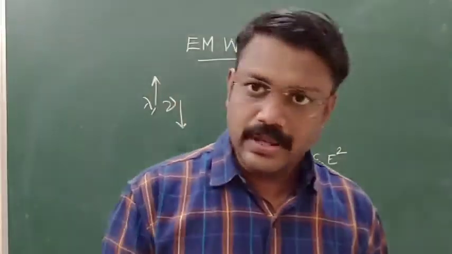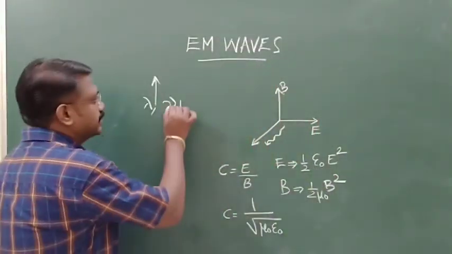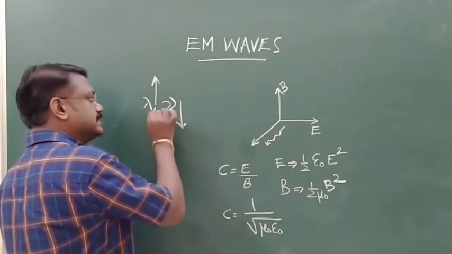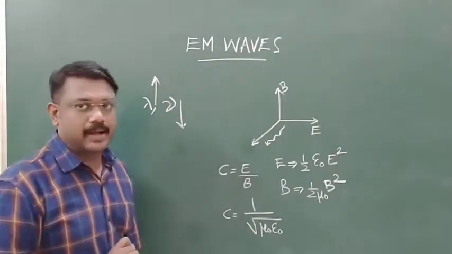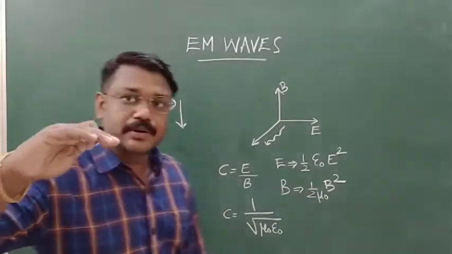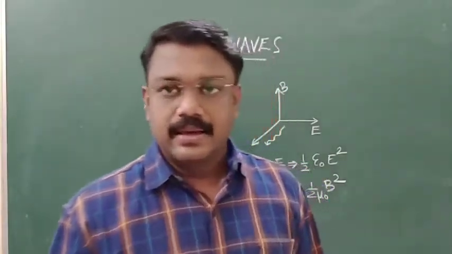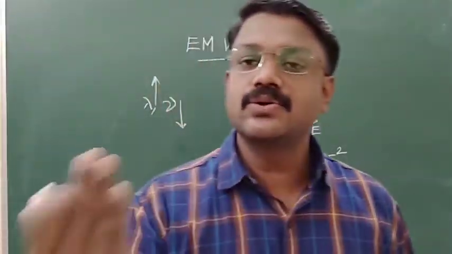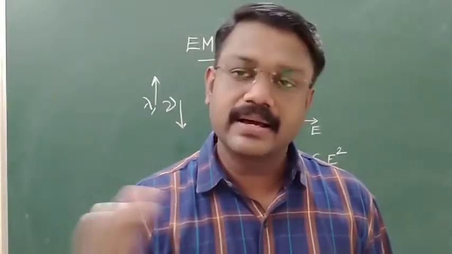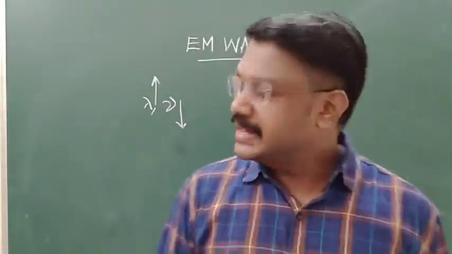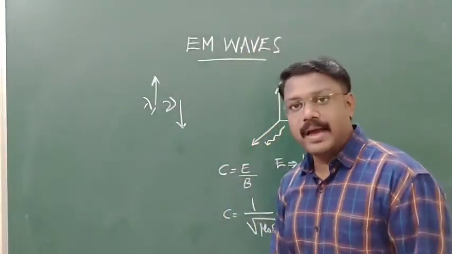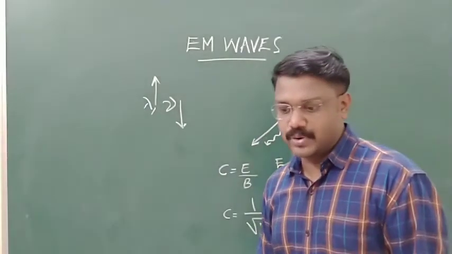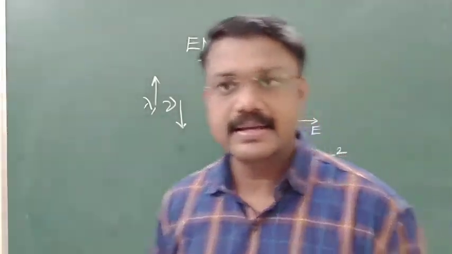If it is in increasing order of frequency, it is in decreasing order of lambda. Such an arrangement of electromagnetic waves, either in increasing order of frequency or decreasing order of lambda, is known as the electromagnetic spectrum.